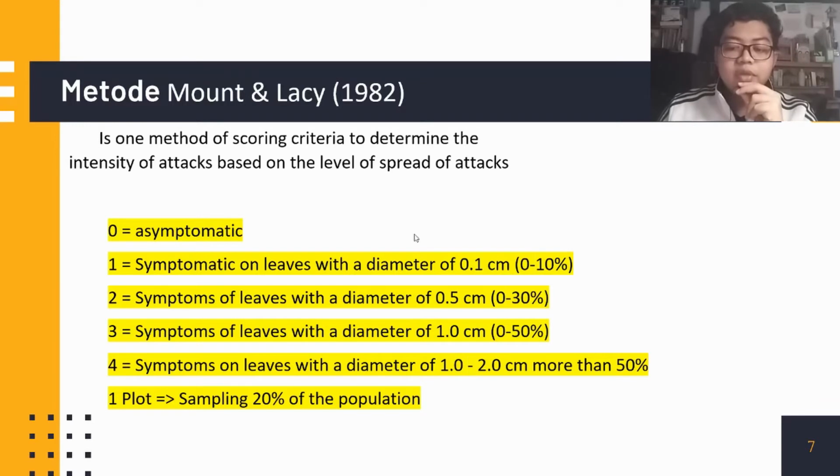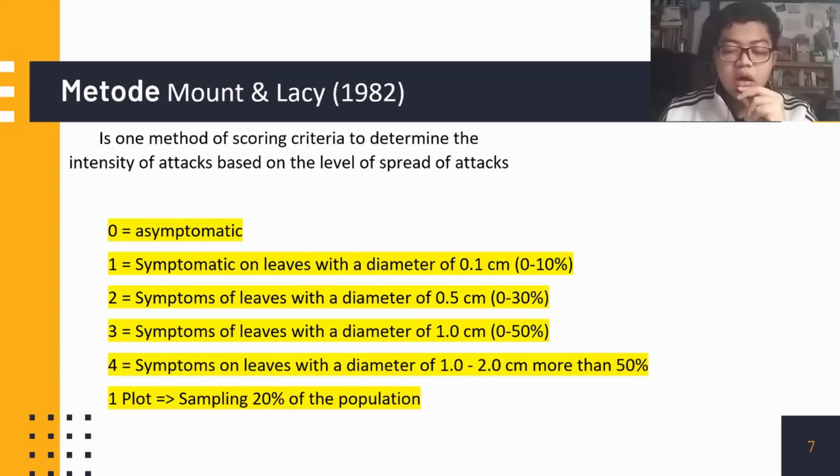It is one method of scoring criteria to determine the intensity of attacks based on the level of spread. 0 means asymptomatic, or no symptoms detected. 1 is 0 until 10% of disease spread on a leaf. 2 is 0 until 30% of disease spread. 3 is 0 until 50% of disease spread. And the last one, 4, is more than 50% of disease spread.